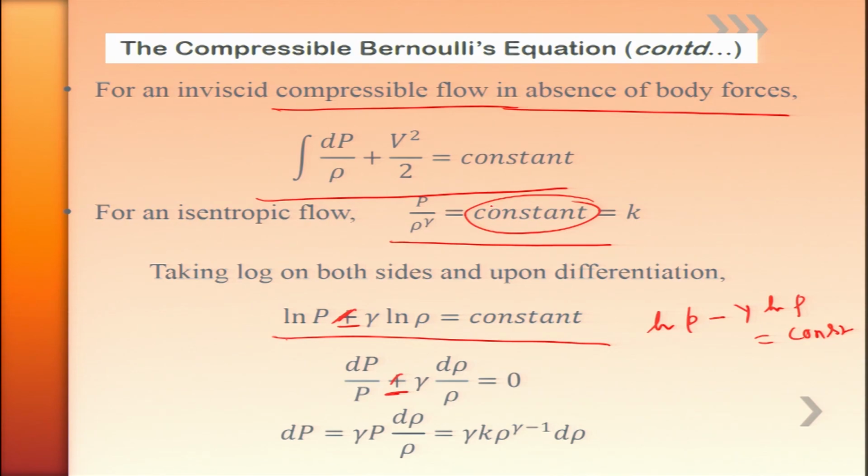If this is given as k1, then taking the derivative, we obtain dP by P minus gamma d rho by rho equal to 0. That means taking this term to the right hand side, I obtain dP equal to gamma P d rho by rho, which can be further used with P by rho to the power gamma as k. Introducing k, I can write rho to the power gamma minus 1 d rho, just to remove P.